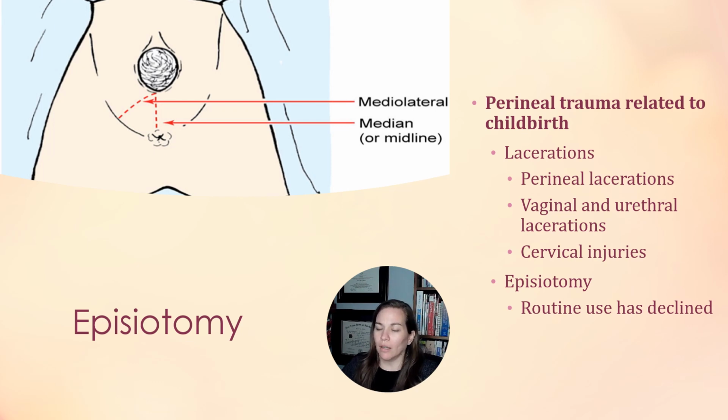Vaginal and cervical lacerations cannot be assessed by the nurse. We can suspect it, so we're going to report to the provider we still have vaginal bleeding of this amount, because we're actually weighing and measuring the postpartum blood loss, we call it QBL, quantitative blood loss.